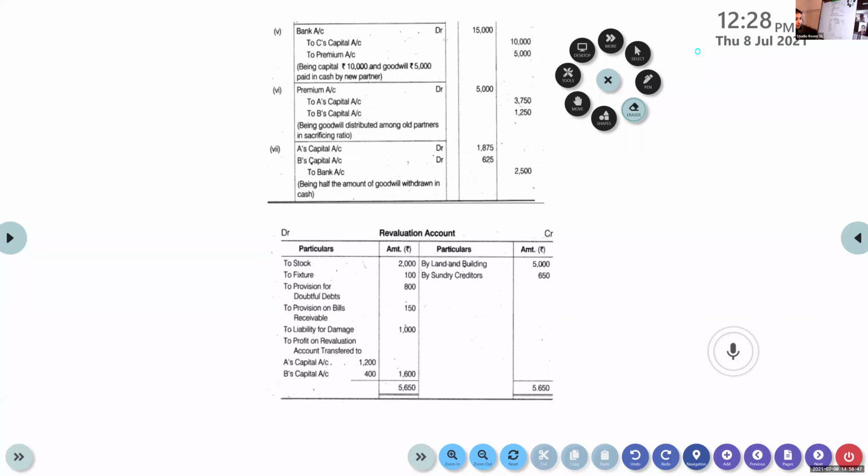And if there is something unrecorded, an asset or liability that was missed out, that will also be shown. Nothing else other than the revaluation profit. Okay, finish.